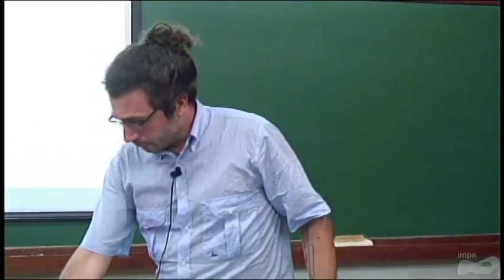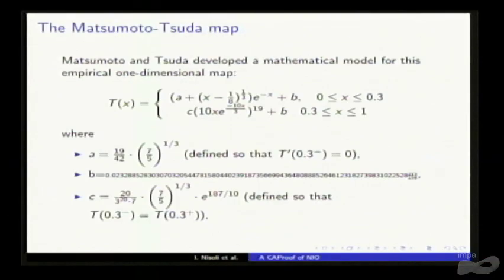And a couple of Japanese mathematicians, Matsumoto and Suda, developed a one-dimensional model that is associated to this return map. And this model depends on 3 parameters, and these 3 parameters are such that this parameter A is such that the derivative at 0.3 is equal to 0.